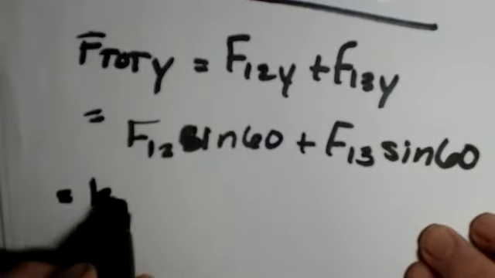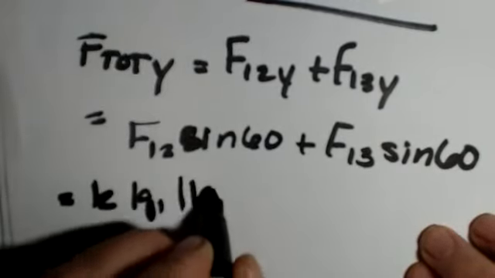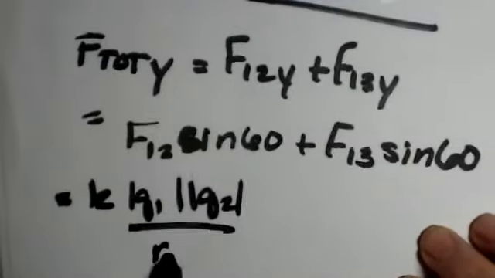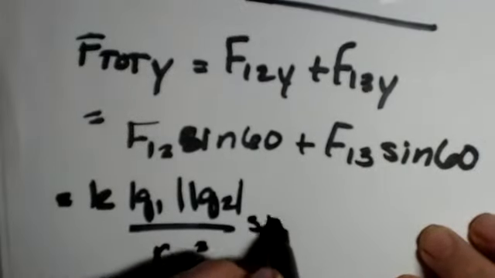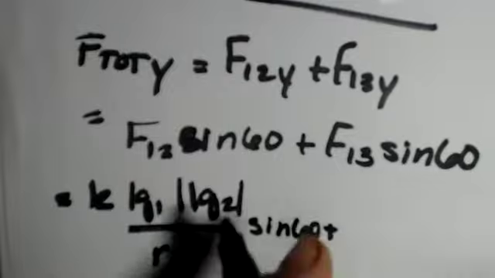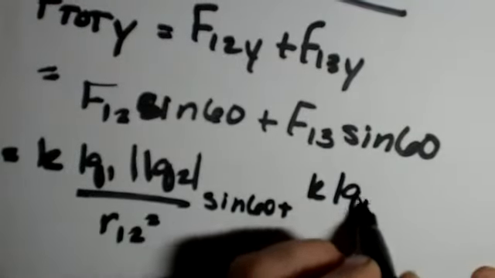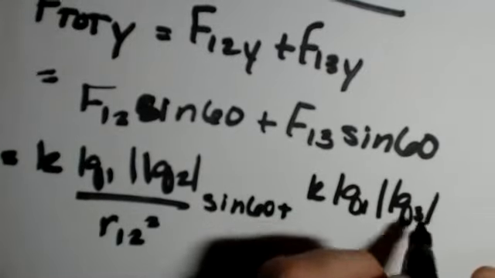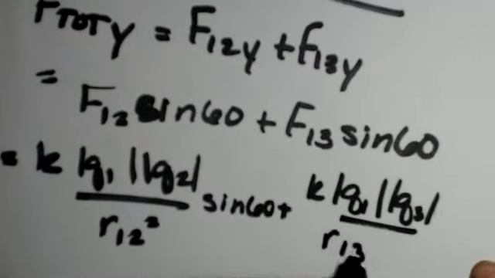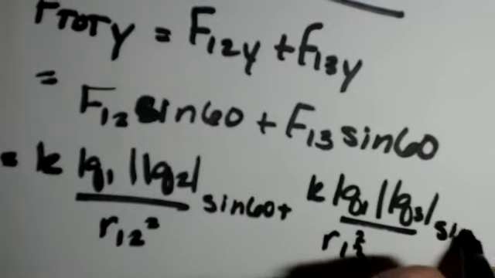So that's K magnitude of Q1 magnitude of Q2 over R12 squared sine 60 plus K magnitude of Q1 magnitude of Q3 over R13 squared sine 60.